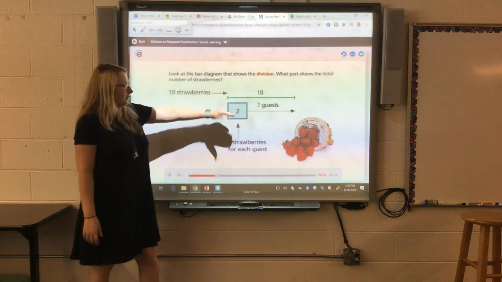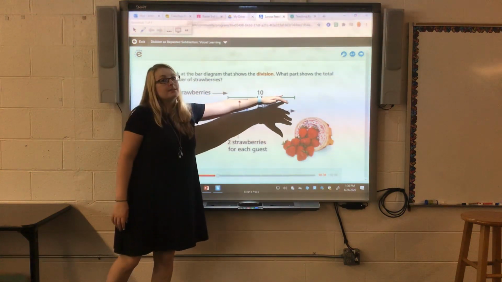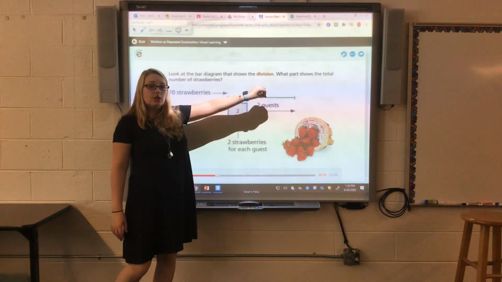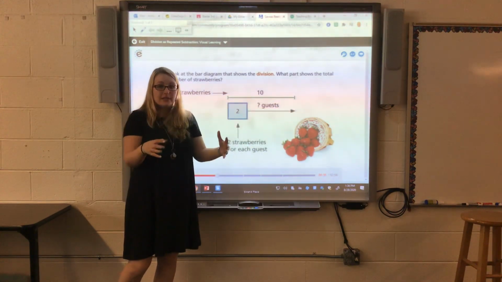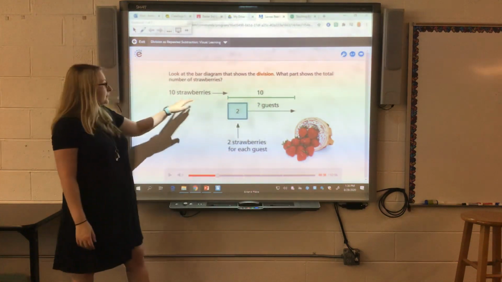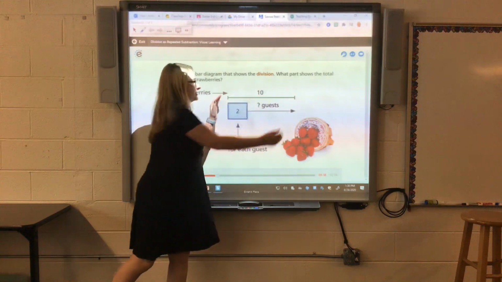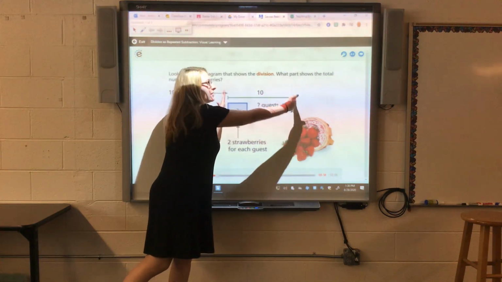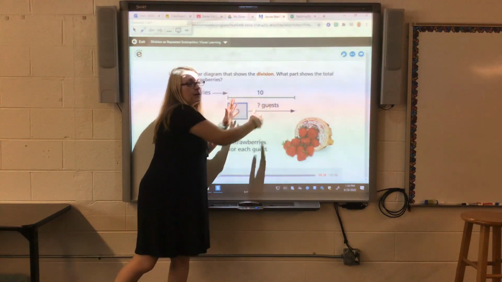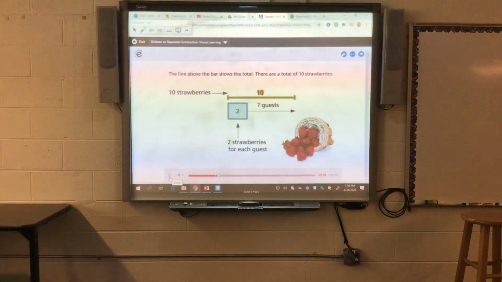Alright, so up here, this is the top part of our bar. This is where we always put the total that we either already know or the total that we're trying to find. So at the top, we know she has 10 strawberries, so that's why it goes at the top, to show that everything here is part of the equation. The line above the bar shows the total.